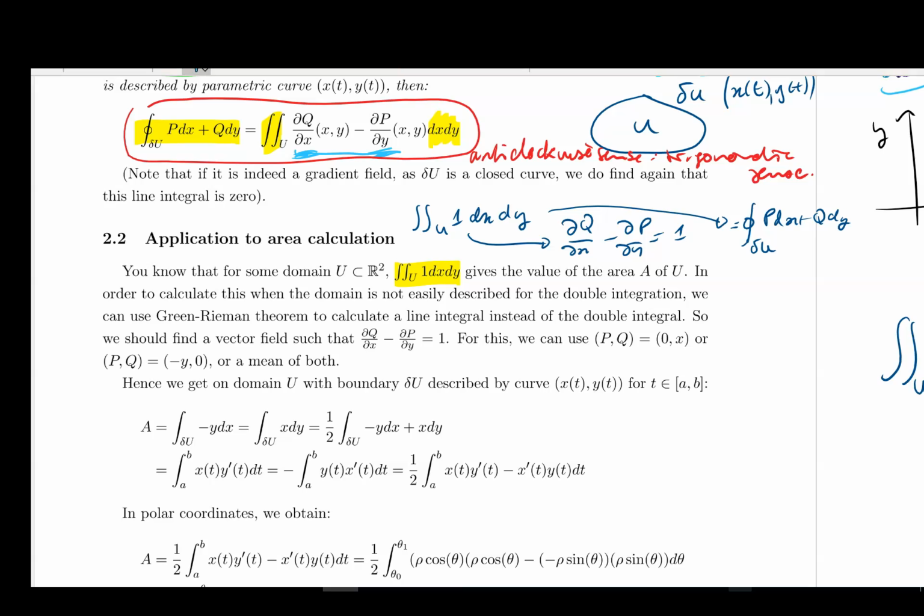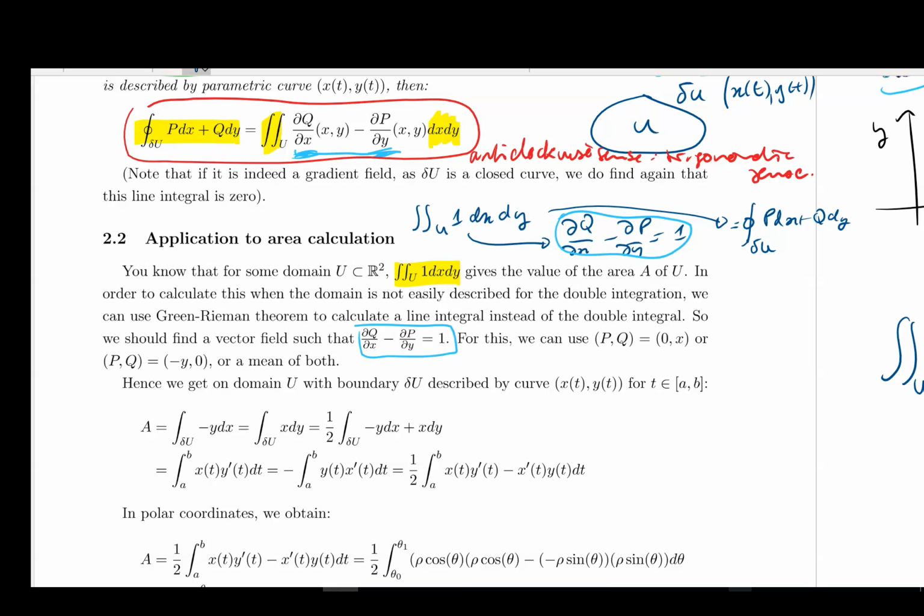Well, of course, there are going to be many ways to define P and Q. There's an infinite number of ways to define P and Q such that dQ over dx minus dP over dy is equal to 1. So this is what we're looking for. Then, let's go for the simplest one. Let's put one of them equal to 0.